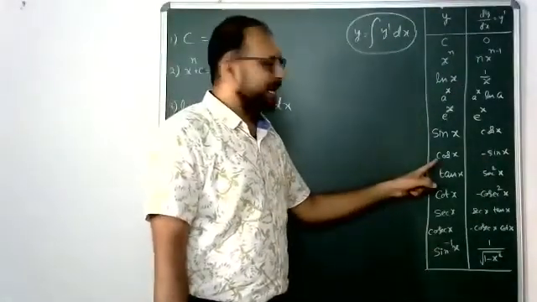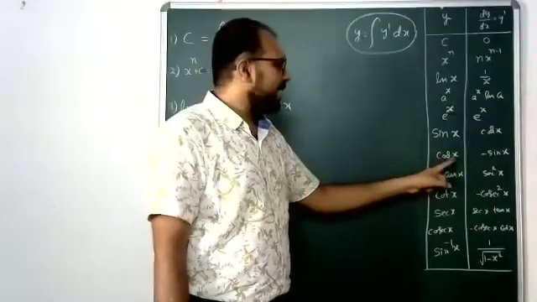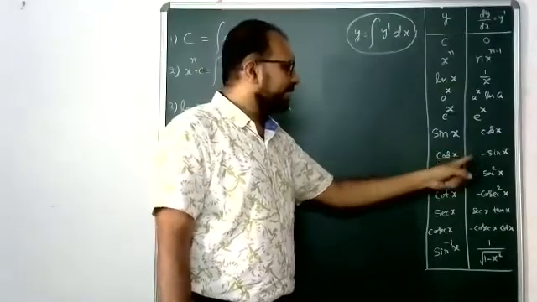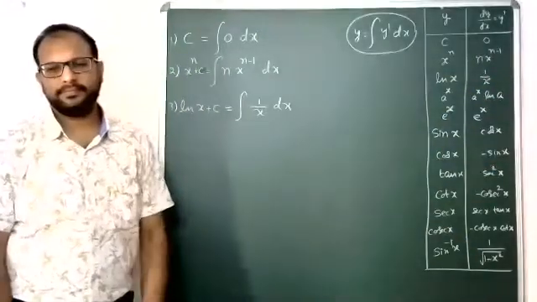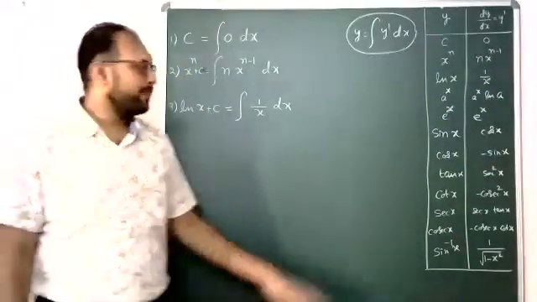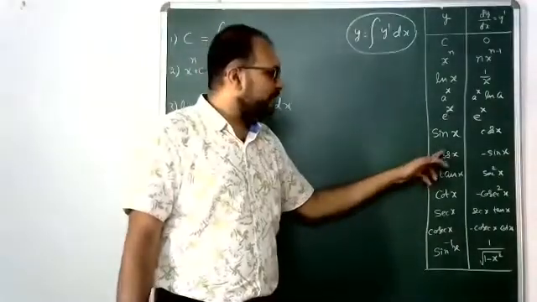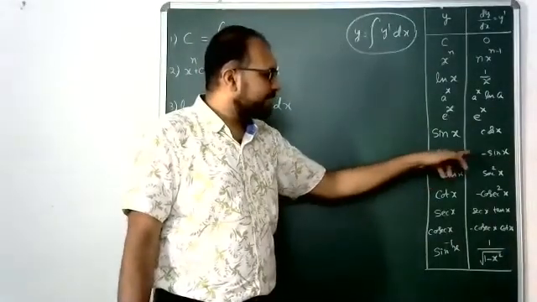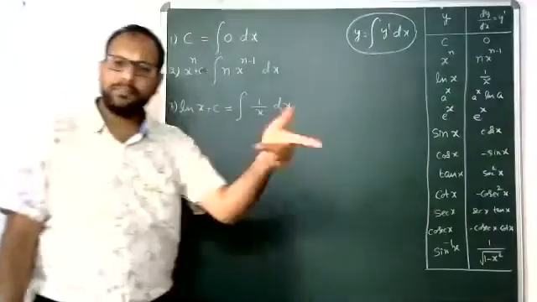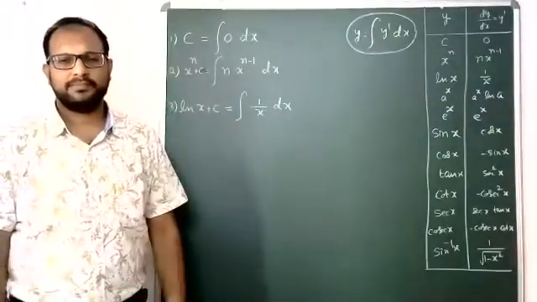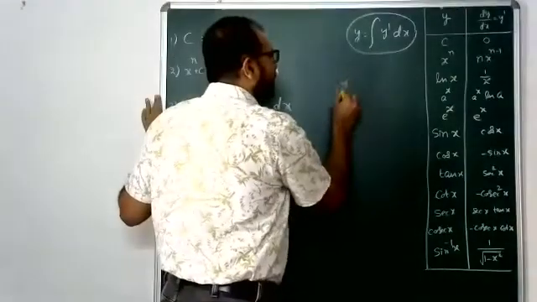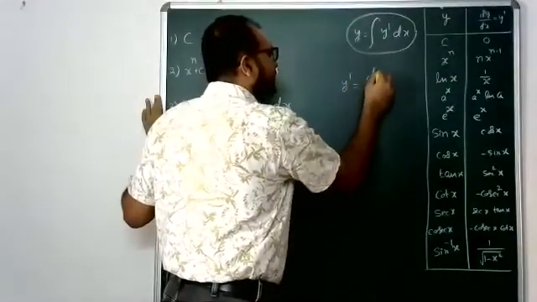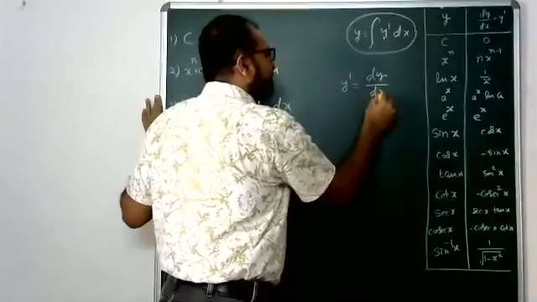Suppose cos x equals integral of minus sin x dx. Similarly, the derivative of cos x with respect to x equals minus sin x. That is the previous topic, differentiation, where y prime equals dy by dx.